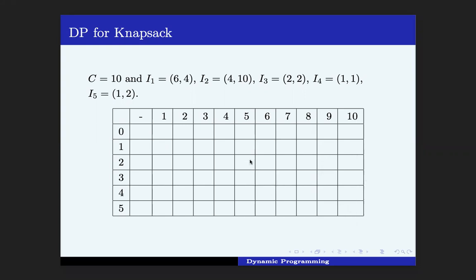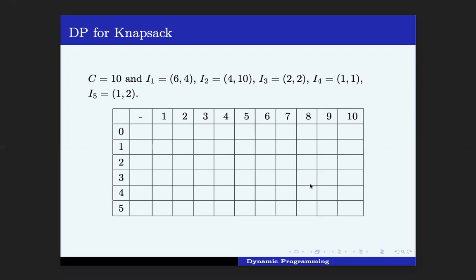Each square can be computed by looking at the previous row, only 2 points, right? (i-1, C) and (i-1, C-Vi). Take the maximum of those two, you store them.